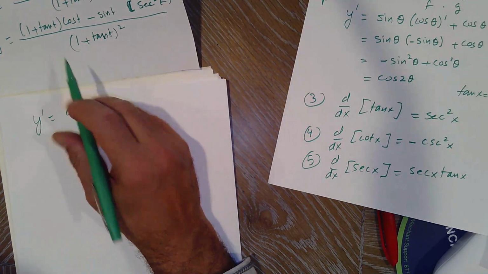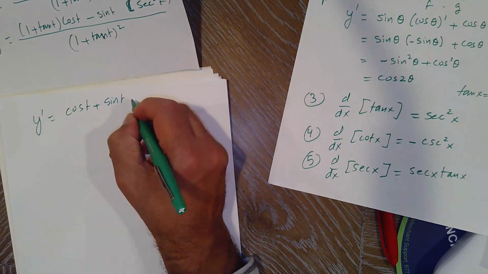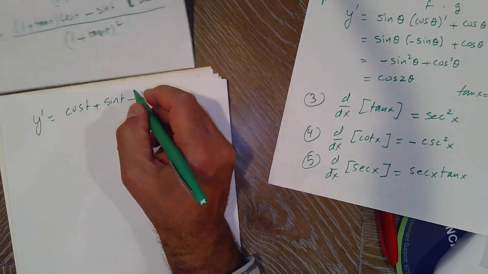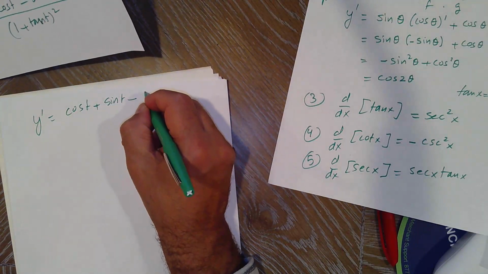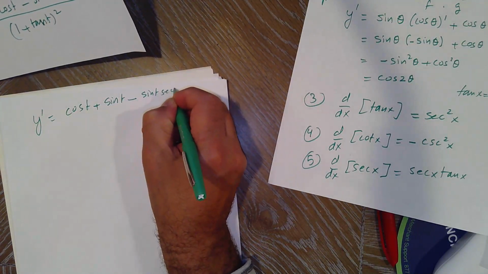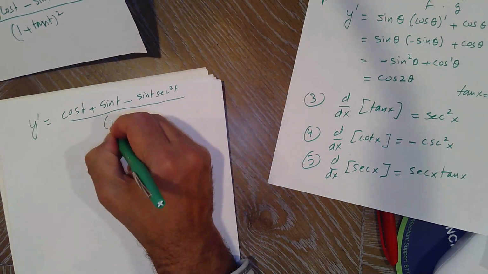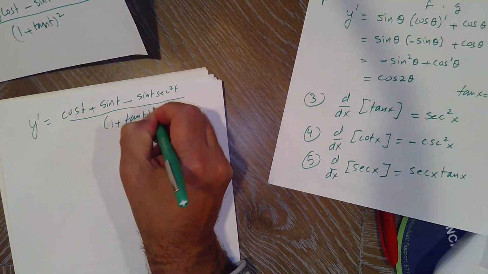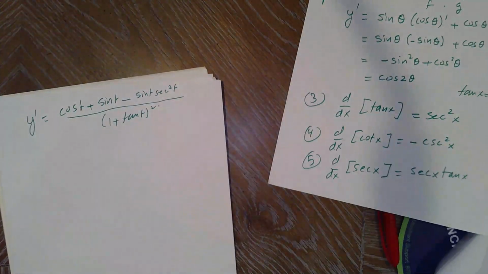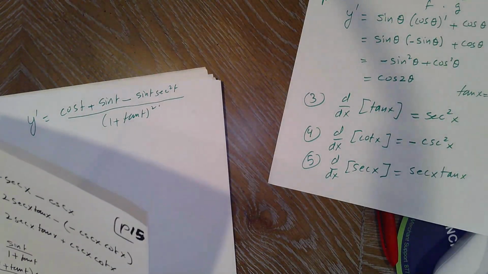Remember tangent is sine over cosine, so that's sine, minus sine times secant square all over 1 plus tangent t square. Okay.